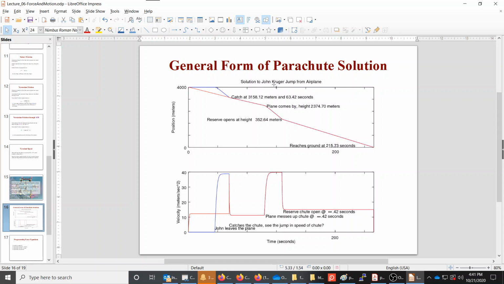The character in the movie is named John Kruger, which is why I've got the name there. This guy is going to jump out of the airplane. At time t equals 0, that's when the parachute comes out of the airplane. The parachute comes out and starts falling, and you can see down here at the bottom.